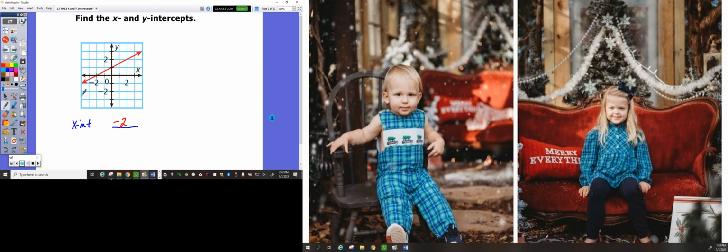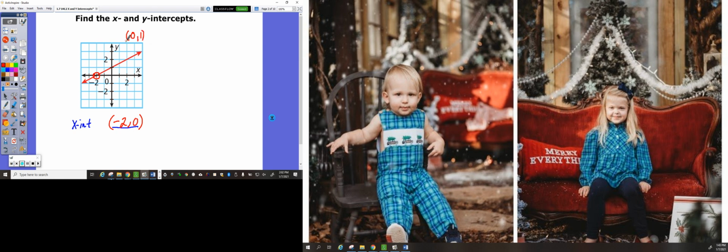You have to tell me that where that line crosses the x-axis is a point. What is the ordered pair for this point? -2, 0. So that's the x-intercept. What's the y-intercept? 0, 1.